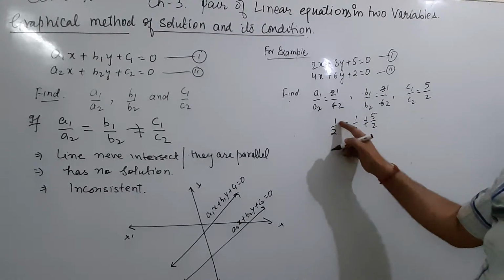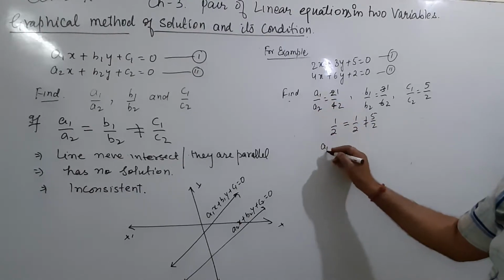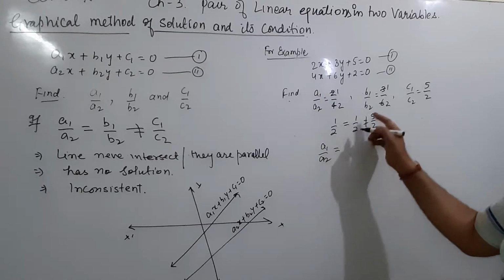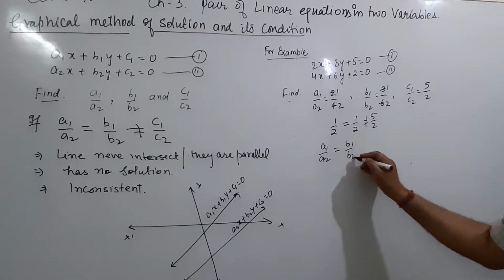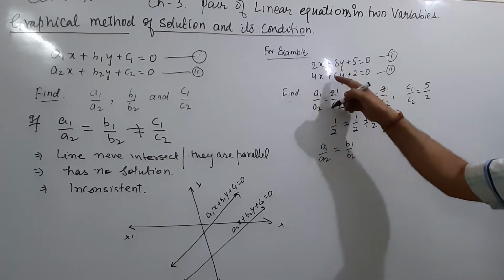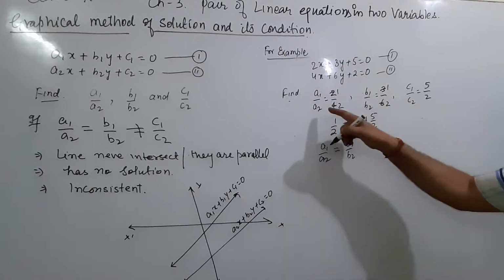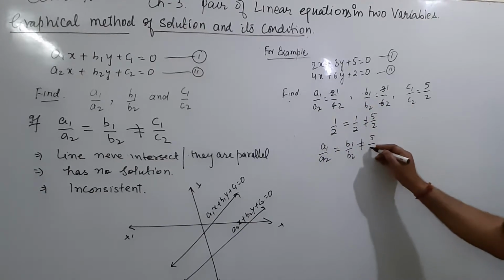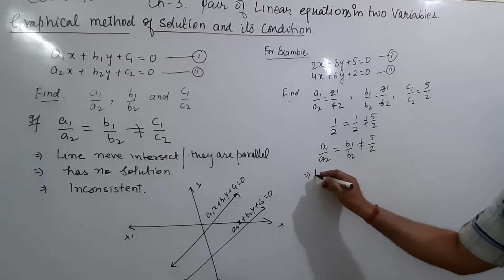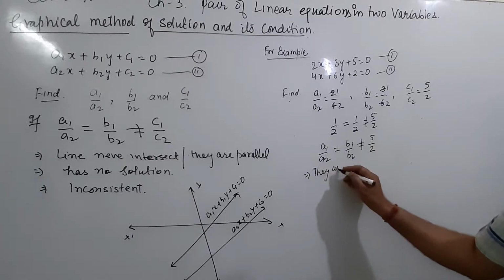This 1 by 2 represents a1 upon a2, and this 1 by 2 represents b1 upon b2, and this is c1 upon c2. So this equals this, not equal to this. It means they are parallel.